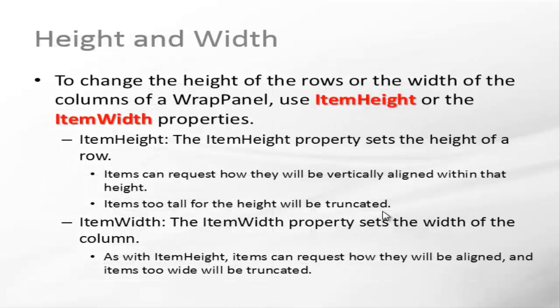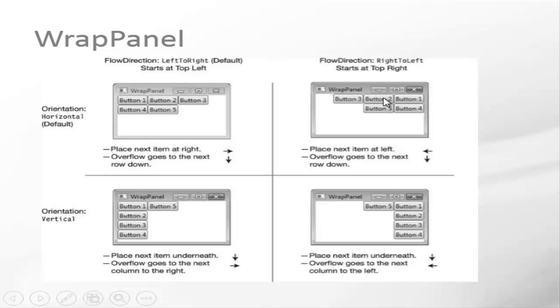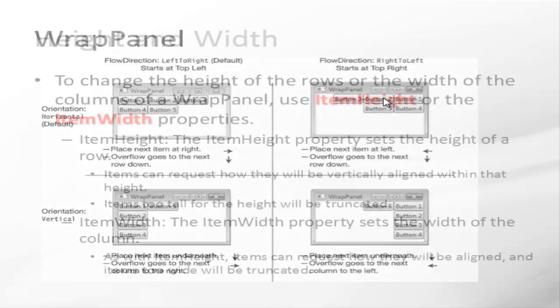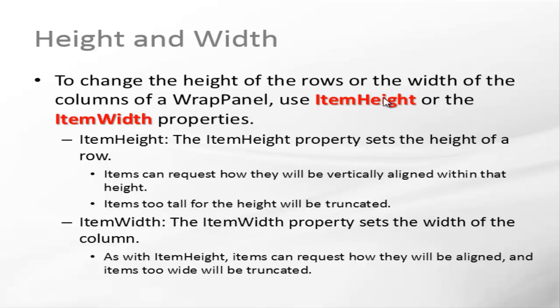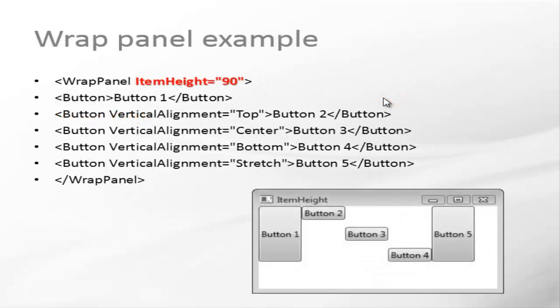The good thing about it is you can adjust the width of the component. Here you notice that all the buttons are given the size that is required, an automatic size depending upon how much space is required. The widths are automatically adjusted. If you want to change the item height and width, you can do it. I'll just show you an example here that will make things much easier.